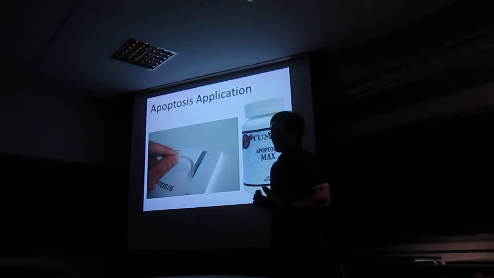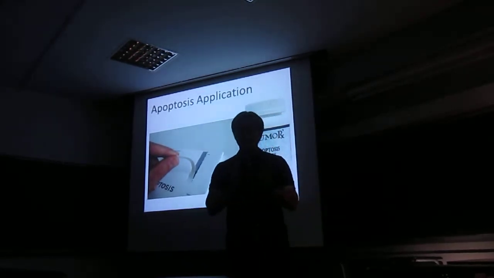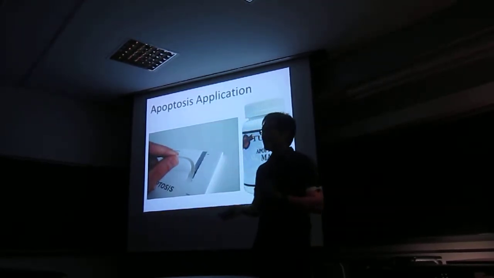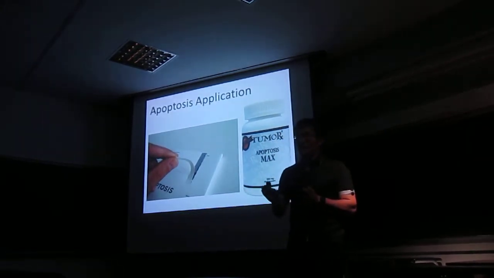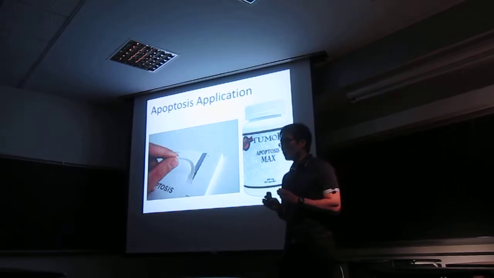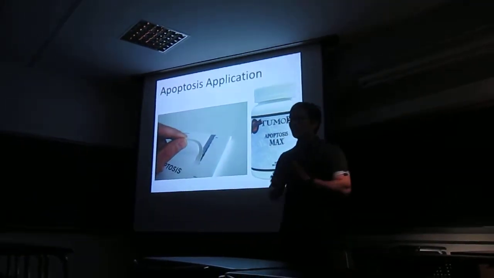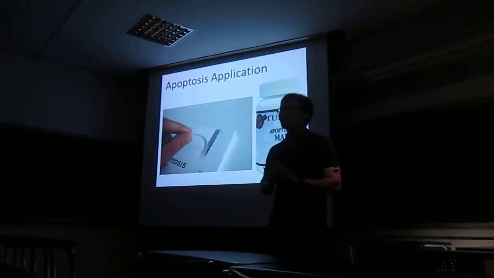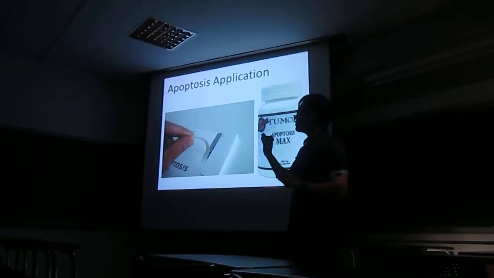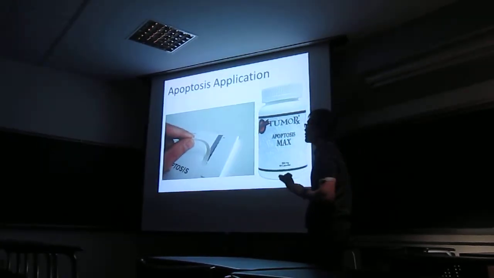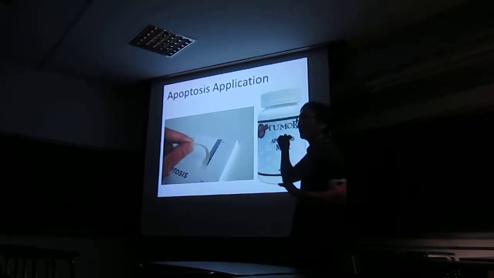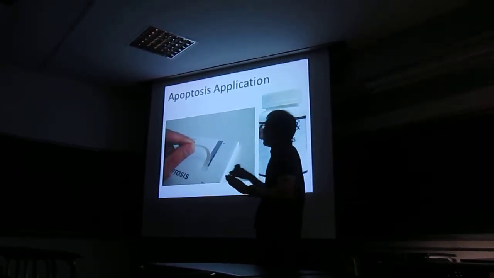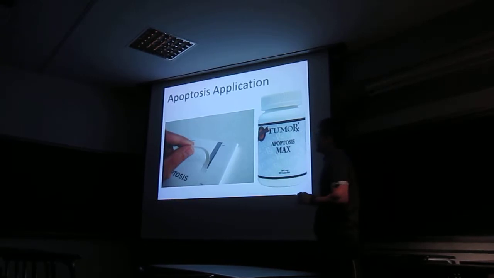So till now we covered the definition of apoptosis, the processes it covers, and also the difference between necrosis and apoptosis. I want to tell you about how we can use the apoptosis process in our actual life.